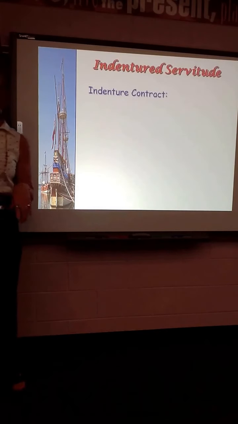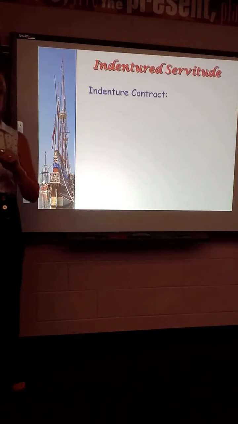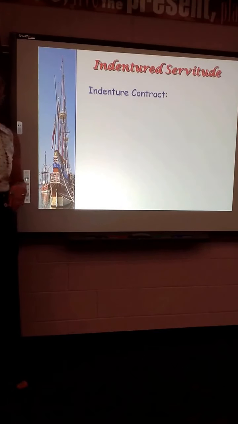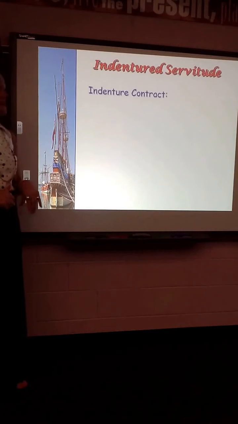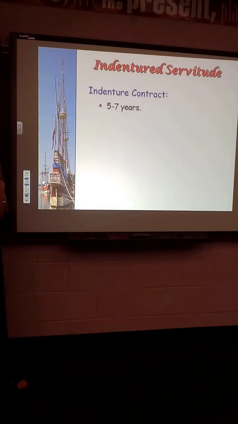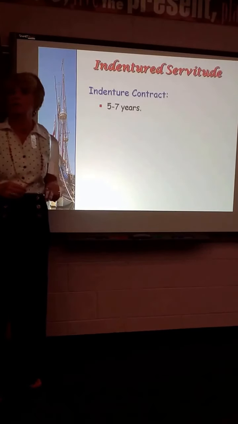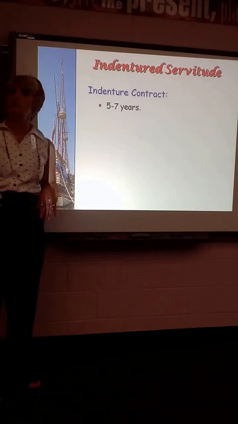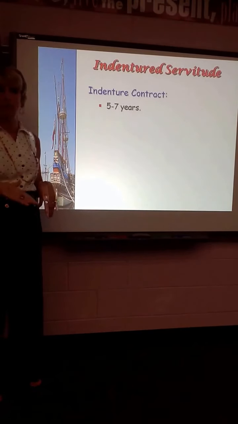Now, so you had slaves who were owned. Then you had what we called indentured servants, or indentured servitude. These were people who signed a contract that the person, let's say a rich person in Jamestown, would pay for you to come from England, let's say, to work for them.